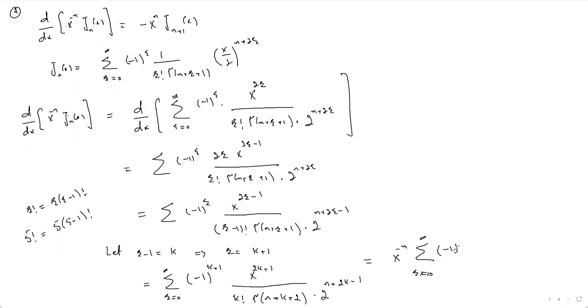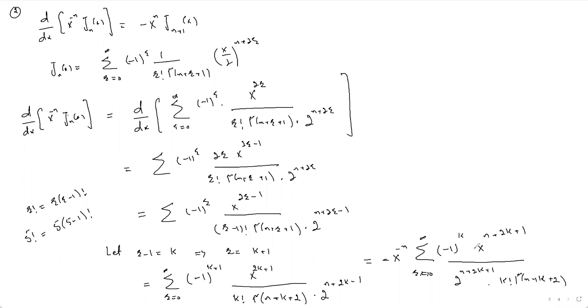But I will write down minus 1 raised to power k plus 1 as minus 1 raised to power k times minus 1 raised to power 1, that is minus. So that minus I am writing here, minus 1 raised to power k, x raised to power n plus 2k plus 1, divided by 2 raised to power n plus 2k plus 1 into k factorial gamma of n plus k plus 2.